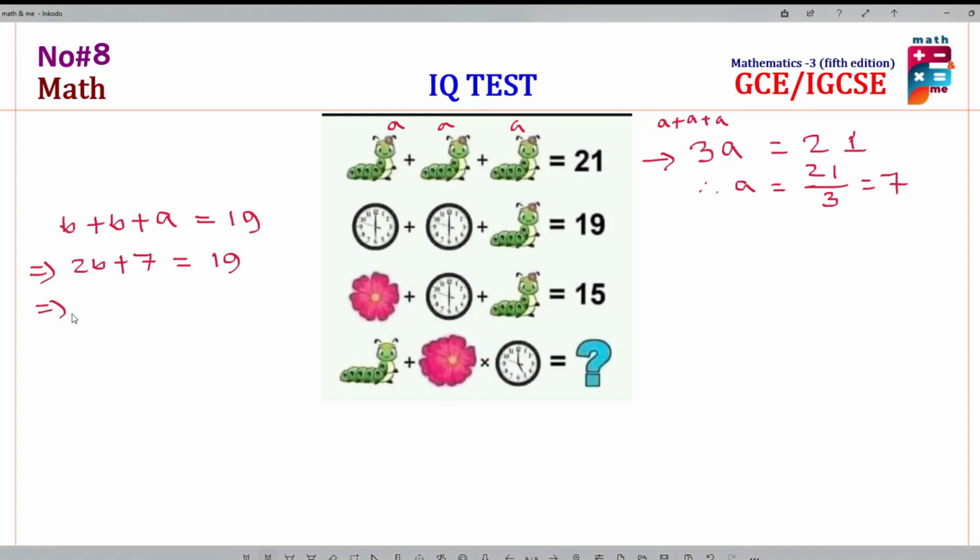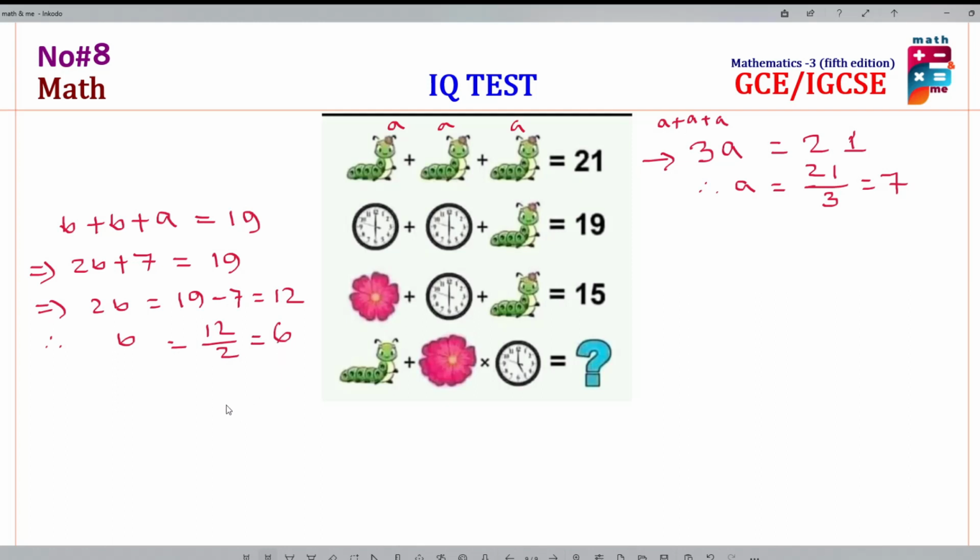So 2B equals 19 minus 7, because if we exchange 7, the sign becomes minus. So 19 minus 7 means 12. So B equals 12 divided by 2, which means 6.